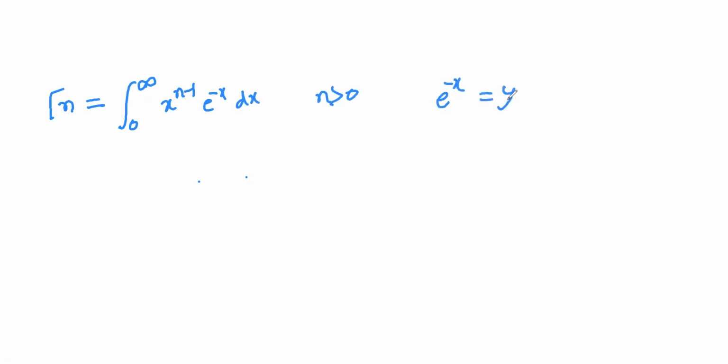Okay. So next is gamma n. I am writing another expression. Gamma n is the integral from 0 to infinity of x raised to n minus 1 e raised to minus x dx, where n is greater than 0. I am putting e raised to minus x equal to y.